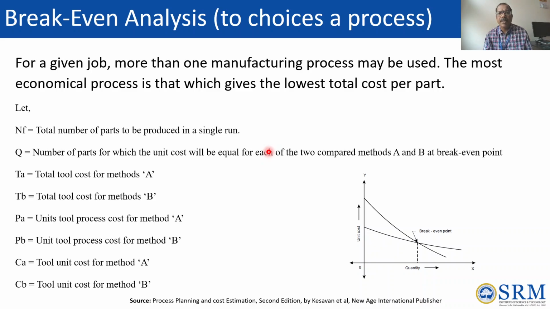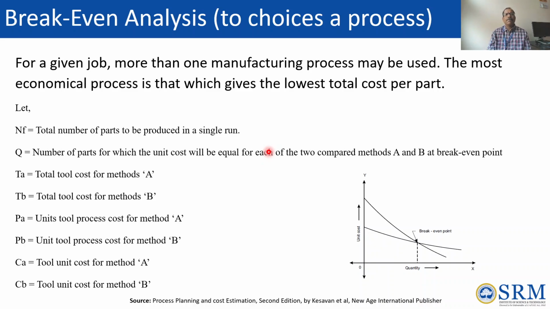One thing can be done with the casting process, and something else in a milling or machining process. So n number of processes are there. Which process should we choose, which is the economical, viable way for our industry? We need to decide, and for that also we can do the break-even analysis.